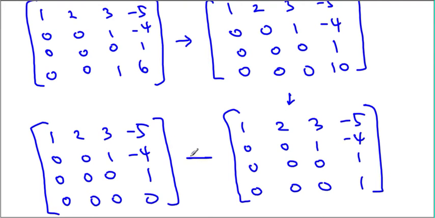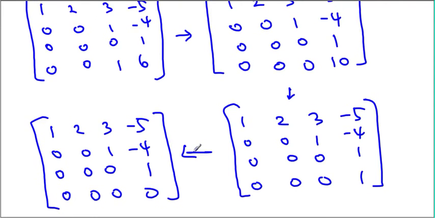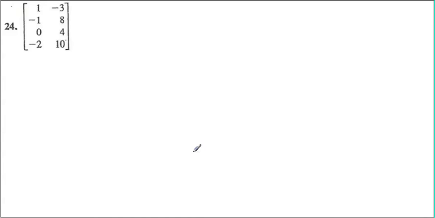Alright. How about this one? This one is already 1, so we're going to keep that as it is. 1, negative 3, negative 1, 8. So when I add them up, it becomes 0 here.